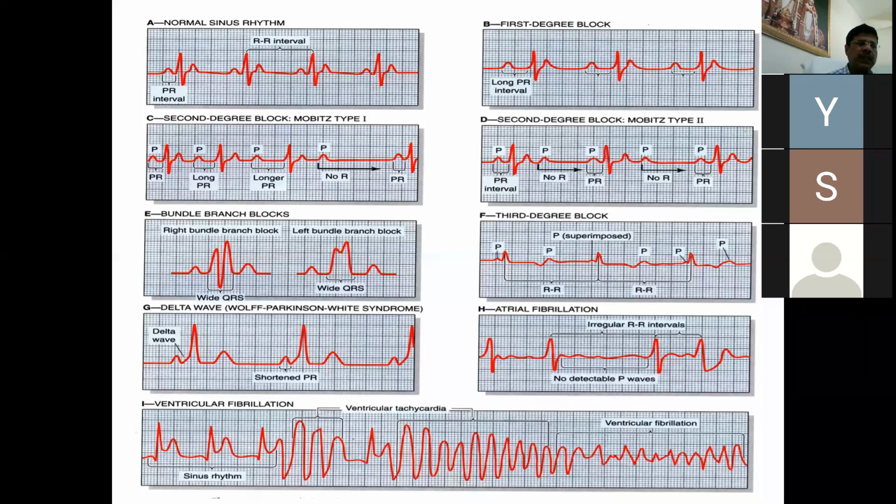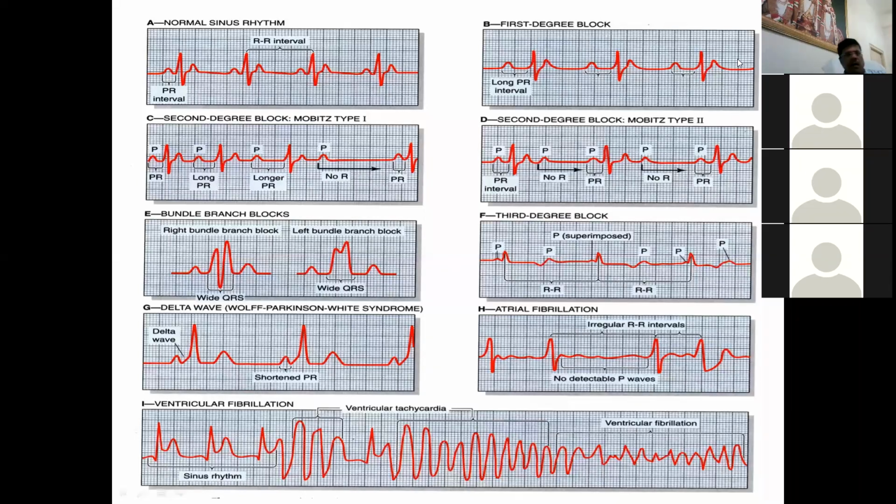What does the PR interval represent? PR interval represents atrial depolarization plus conduction through the AV node. It does not represent the ventricles, which are in the QRS complex.